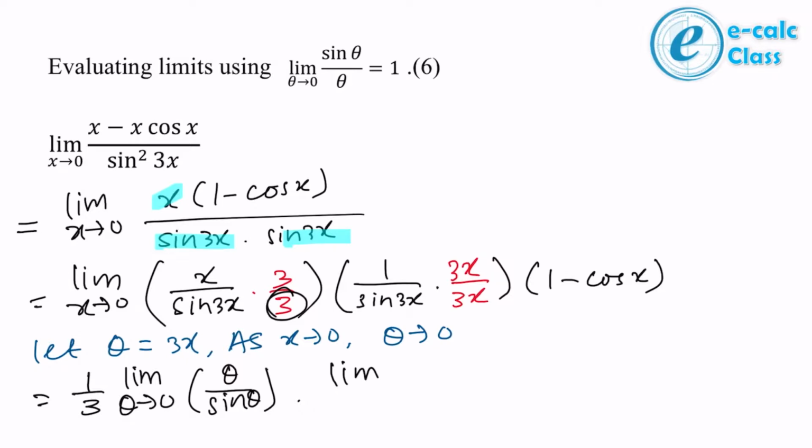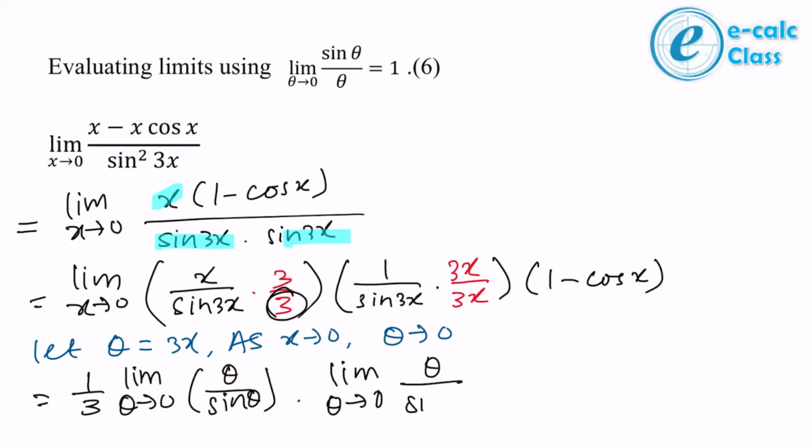Wait, we have a problem here. We have a problem here, isn't it? If your x approaches 0, means you have, wait a minute. Okay, never mind. We just go ahead and do what we can do here.